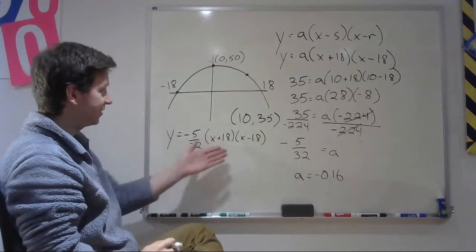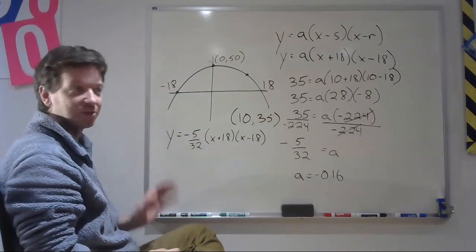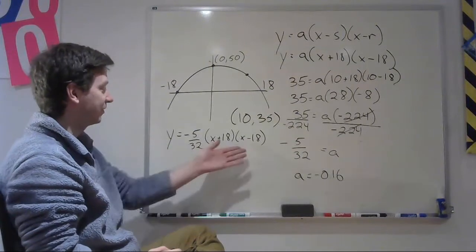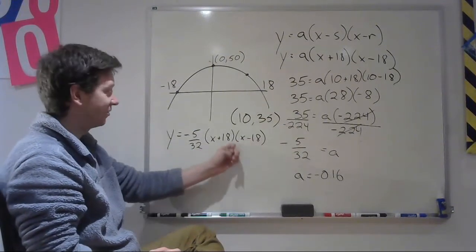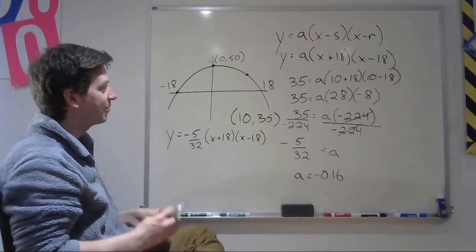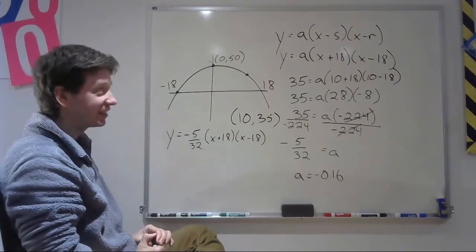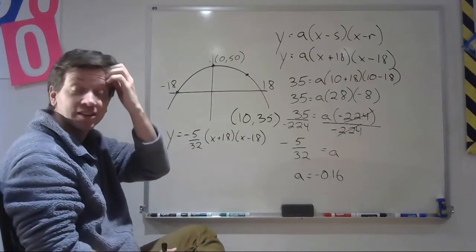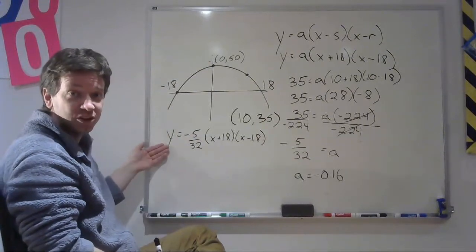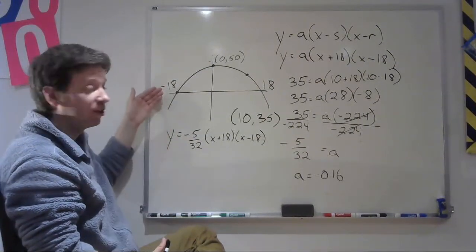And we can expand that like we did before into a standard form equation. It does get a little messy, because we're dealing with big numbers here with 18 and small numbers with fractions. But the main thing I want you to get from this lesson is not how to expand, because we've done that many, many times before. It's how to actually determine this equation from factored form using data.